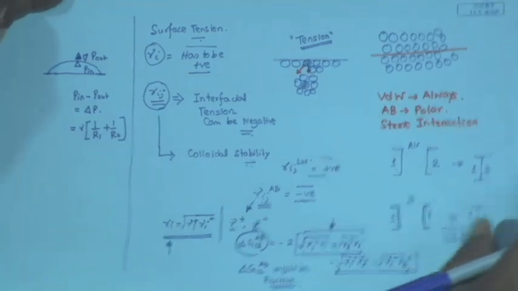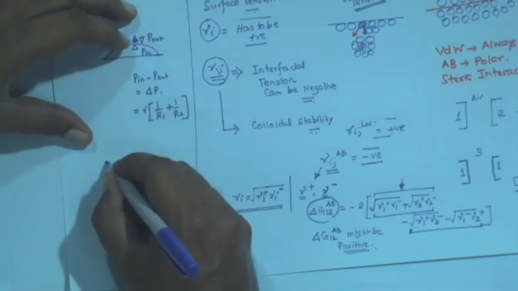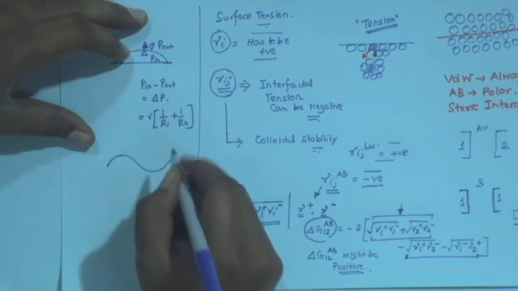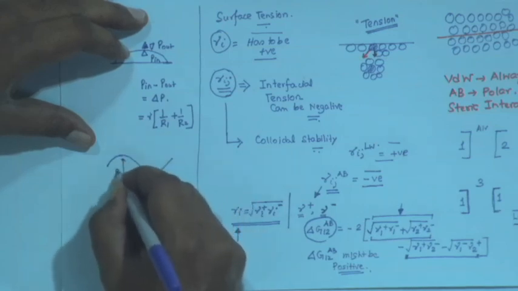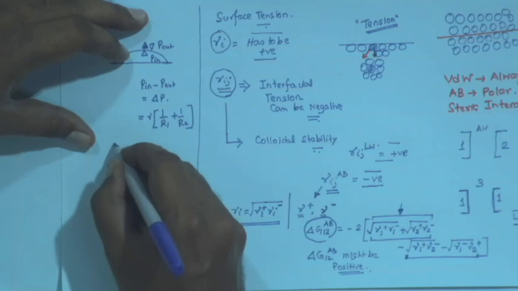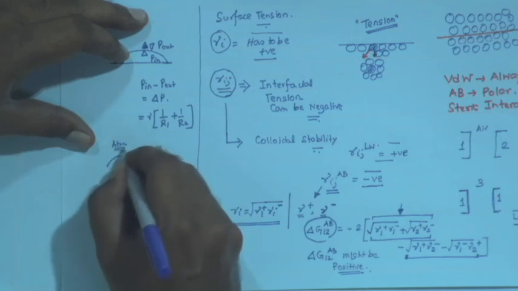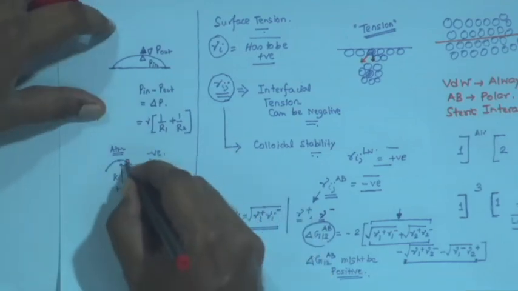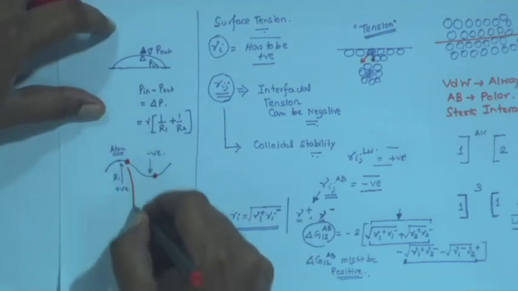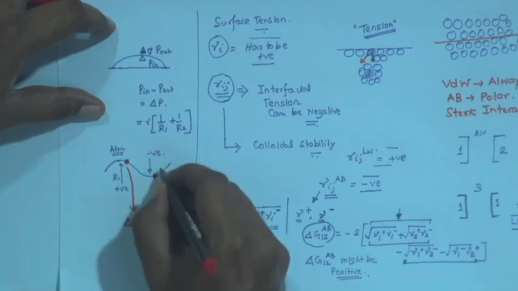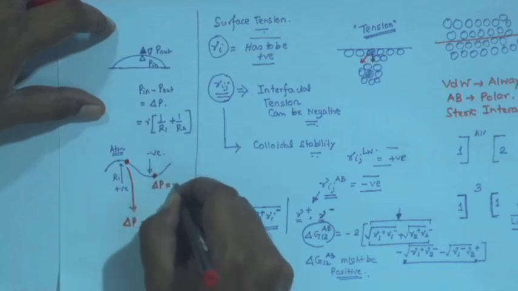You can also now understand, and this is something that we will use significantly later, that if you have a curvature like this, since the R1 in this case is positive and in this case is negative, the nature of delta P, let us assume this is exposed to atmosphere, is going to vary from this point to this point. So, here delta P is going to be positive and here delta P is going to be negative.